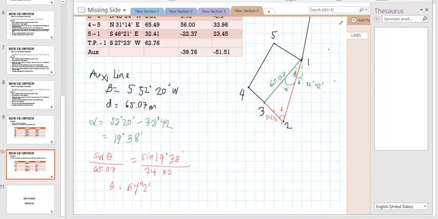Okay, then compute for this angle again.